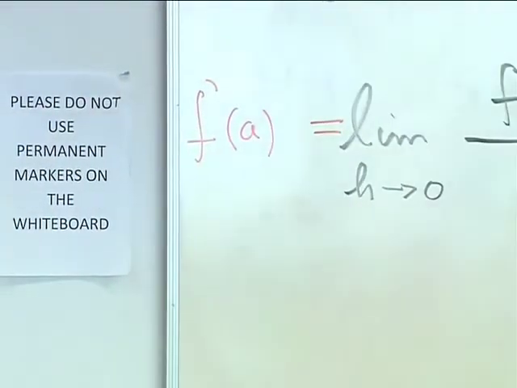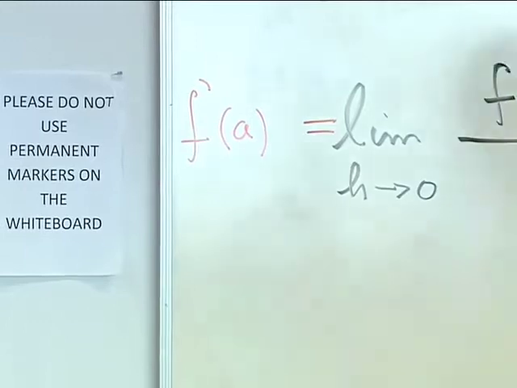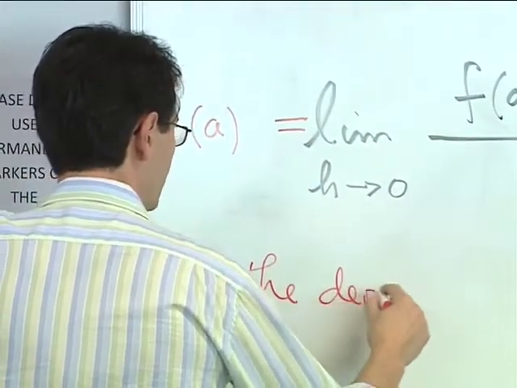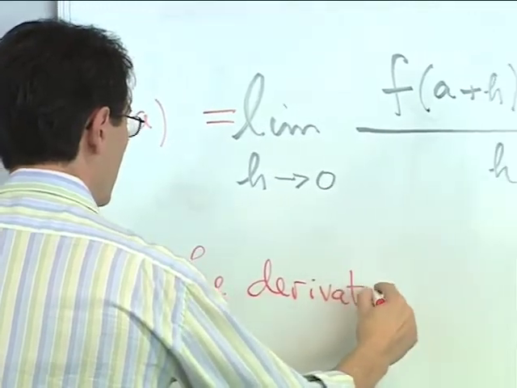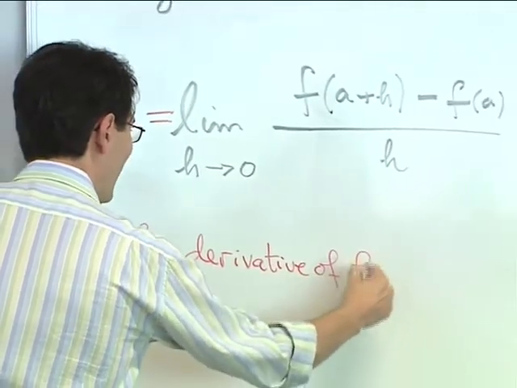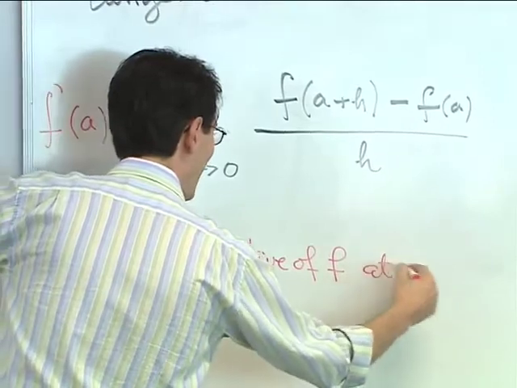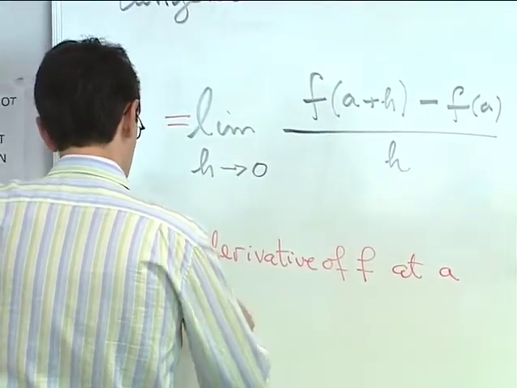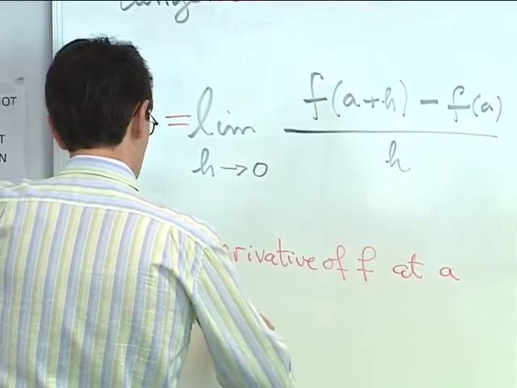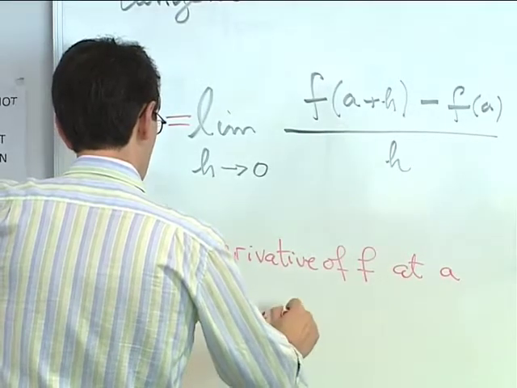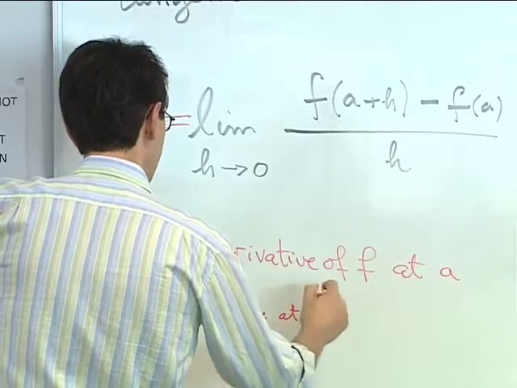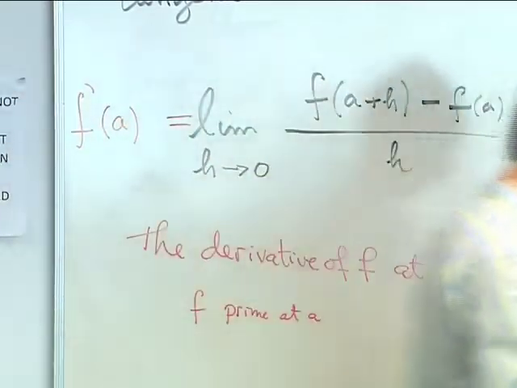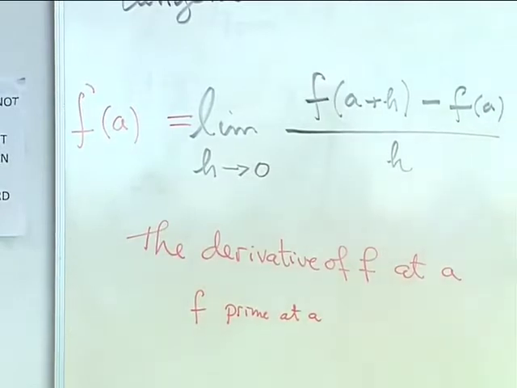So you're going to read this in the following way: the derivative of f at A. Or you're going to simply say f prime at A. Or f dash at A.